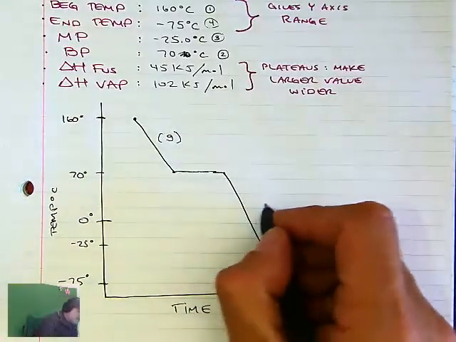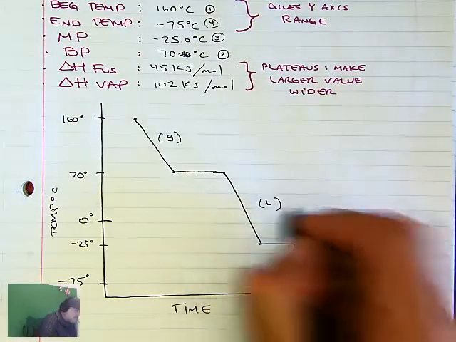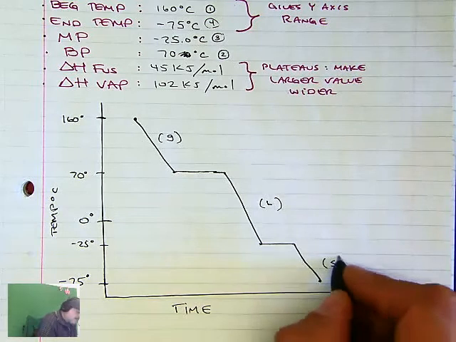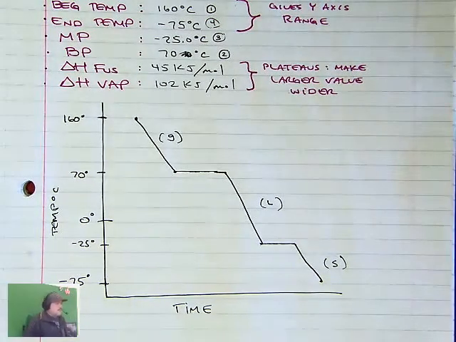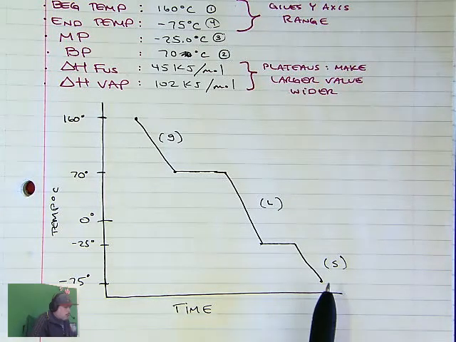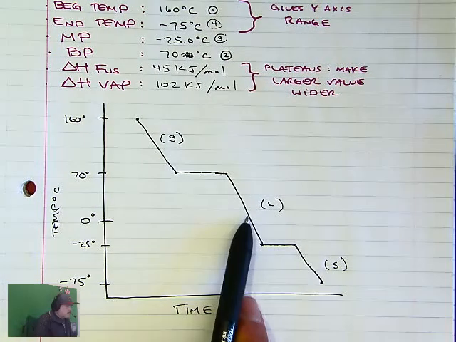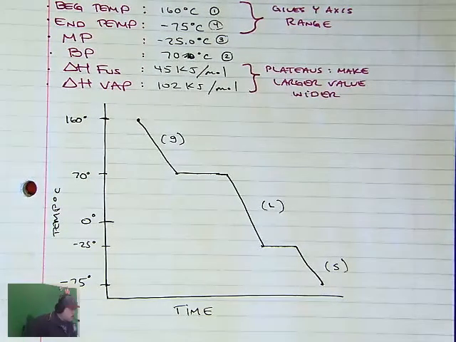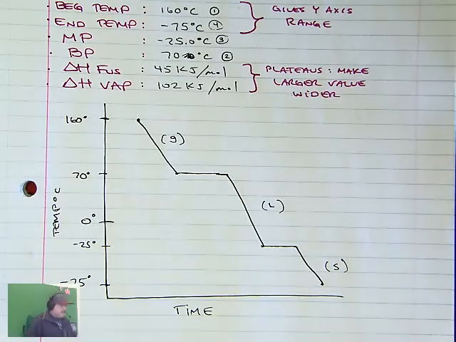The next diagonal, as it cools down, it becomes a liquid. Okay, and the last diagonal is solid. Okay, so those are the 3 phases: solid, liquid, gas, and it's always in that order. The solid always goes on the lowest diagonal, the liquid is always in the middle, and the gas is always on the highest diagonal. Whether it's a cooling curve like this one or a heating curve, that's irrelevant.